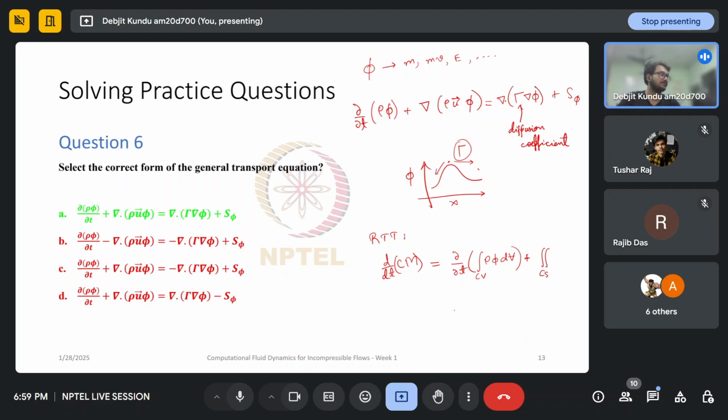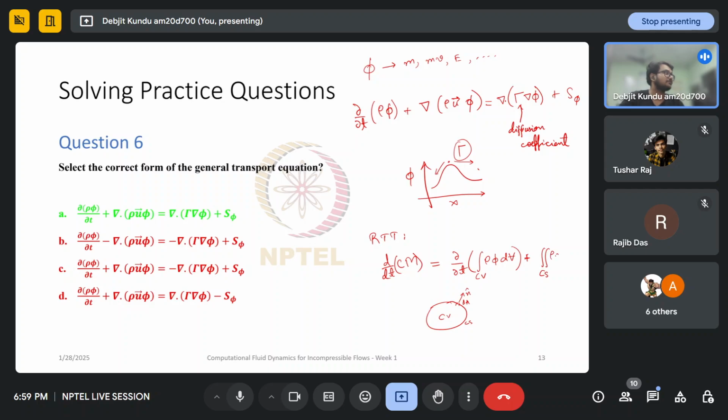So I'll draw this. If I have a control volume like this, the surface surrounding it is called the control surface. Any small part of it may have a vector like this, let's say this is dA, and its direction is along the n cap vector.